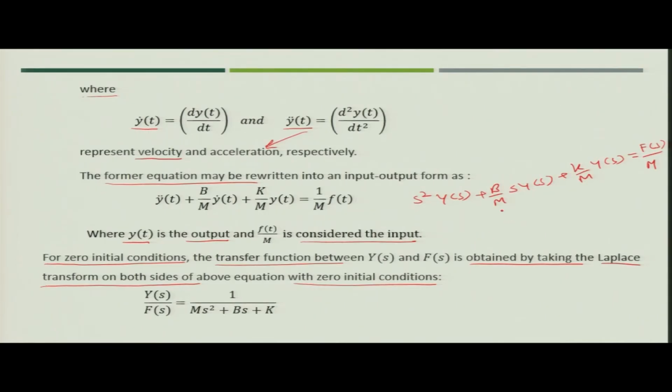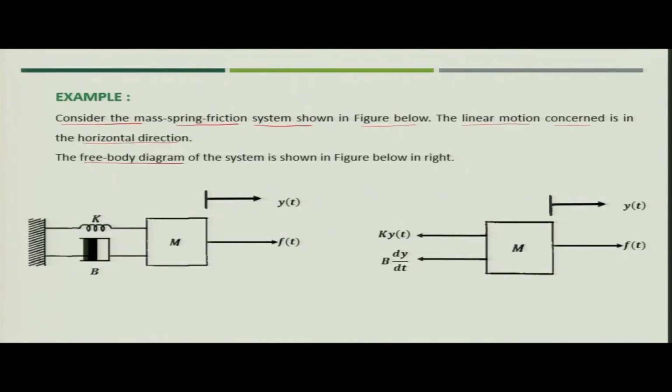If you compile and find the value of Y(s) upon F(s), you get 1 upon m s square plus b s plus k. This is the transfer function of the mechanical system which you just considered.